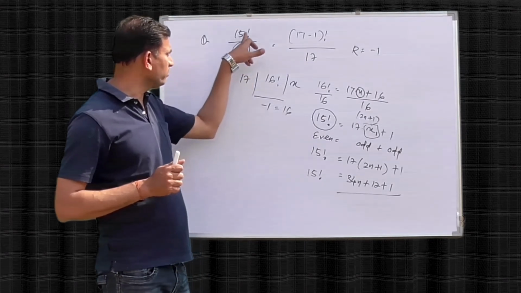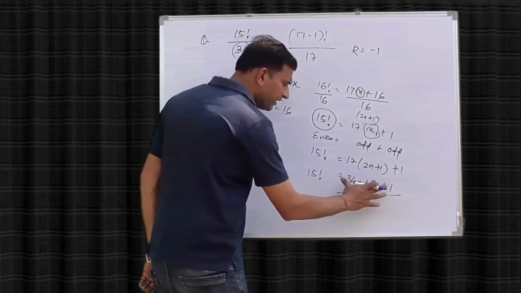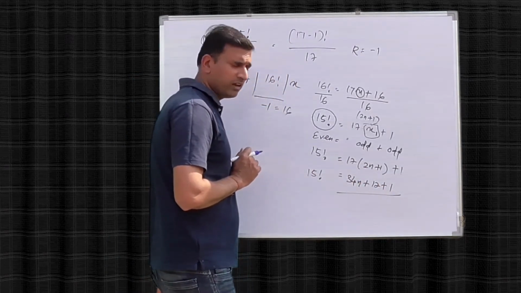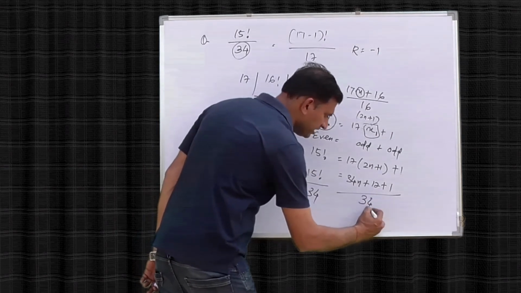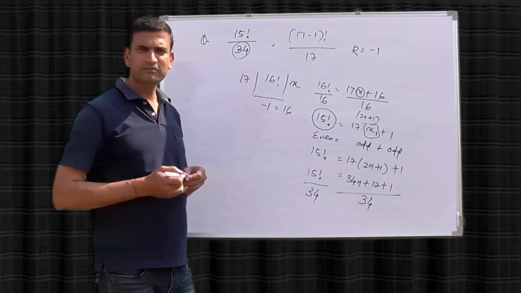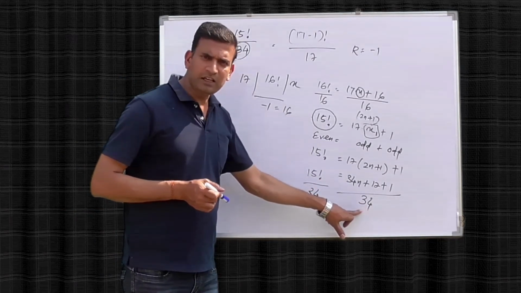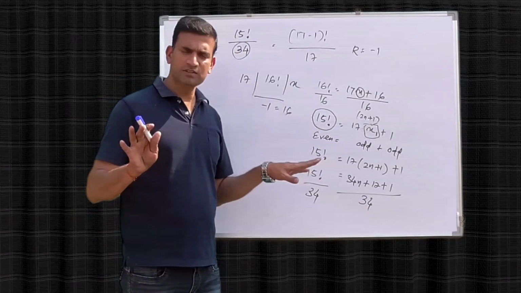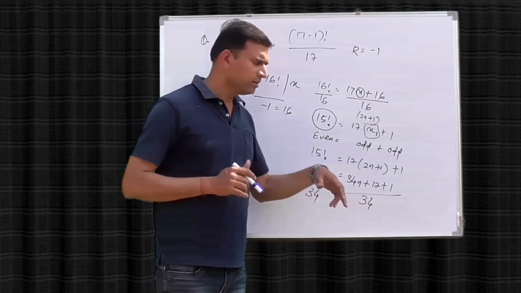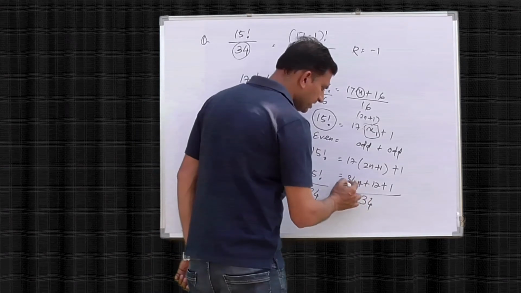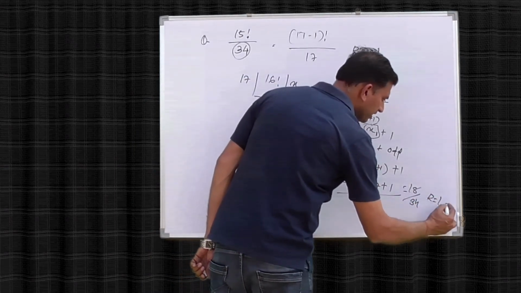Now in this question what we are having? 15 factorial divided by 34. Means if 15 factorial can be expressed in this way, and when 15 factorial is divided by 34, 34 into n divided by 34 gives you the remainder 0. Now what remains? 17 plus 1, 18. So here this is completely divisible. 18 divided by 34. So final remainder 18.